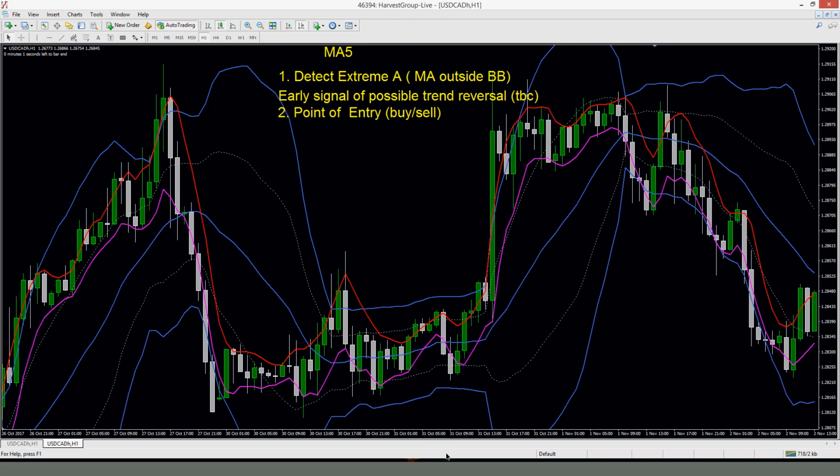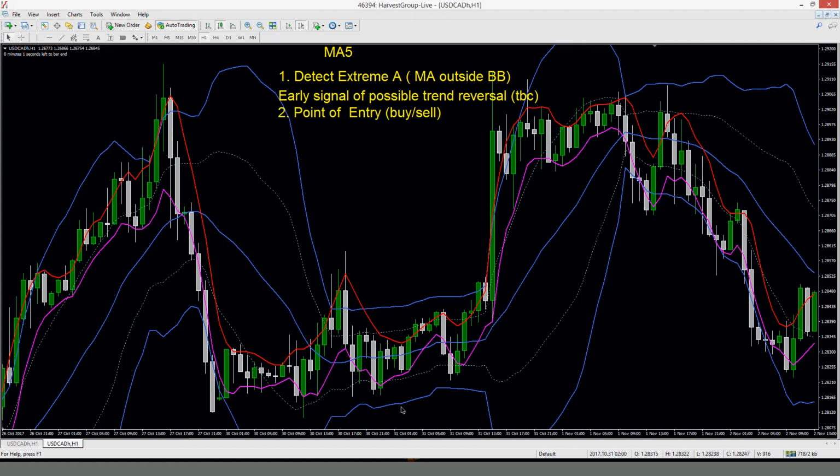So basically, the function of MA5 is to detect extreme A, MA outside the Bollinger Band, and extreme A is an early signal of a possible trend reversal, but it's not confirmed yet until you have an MHP. The next function is a point of entry, buy or sell.